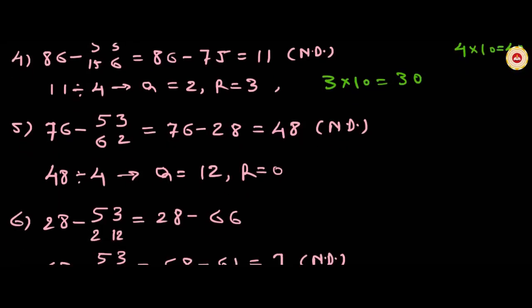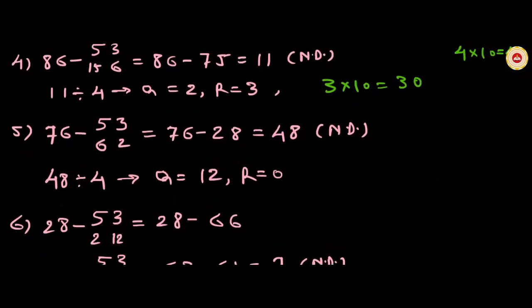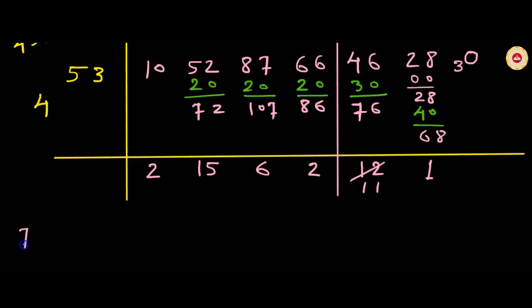Friends, please write these 3 steps first by pausing the video. Step number 7. Gross dividend 30. Subtract the cross product of the two flag digits and the last two quotient digits, 11 and 1. See, the last two quotient digits. 30 minus 5, 33. That means 38.